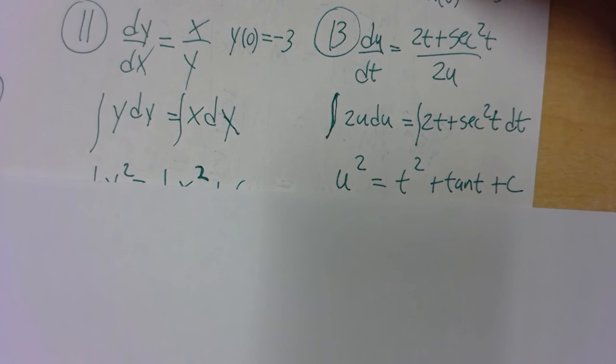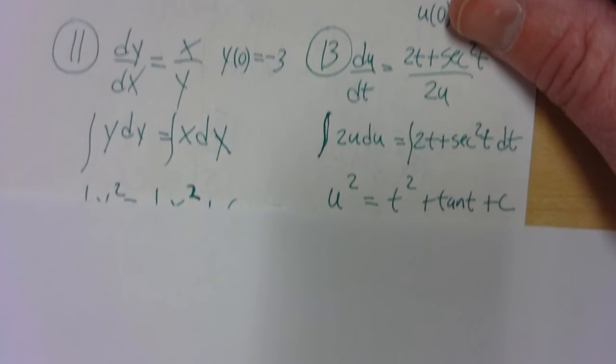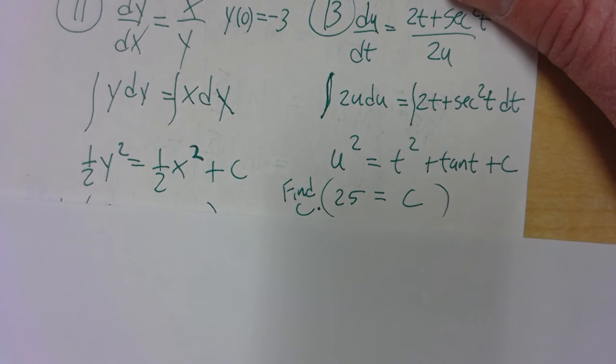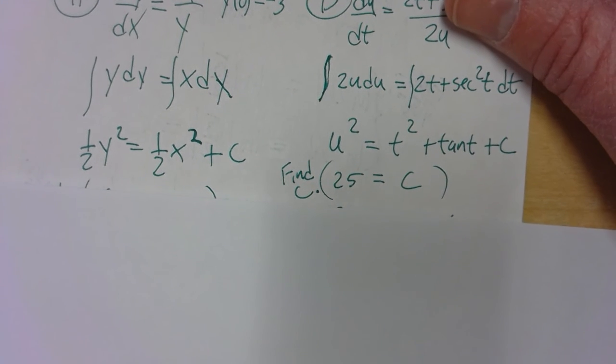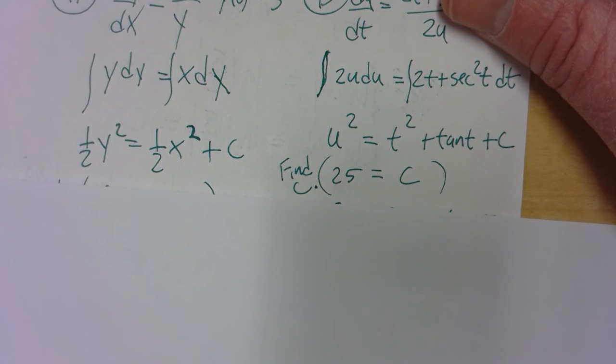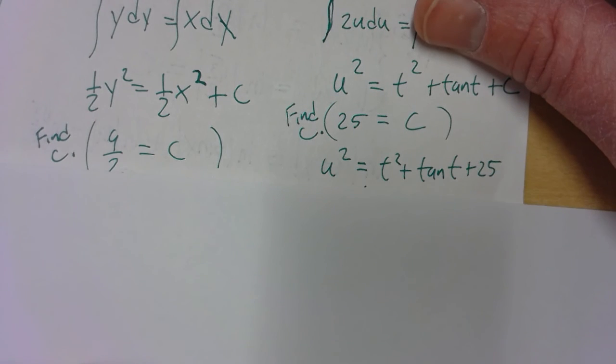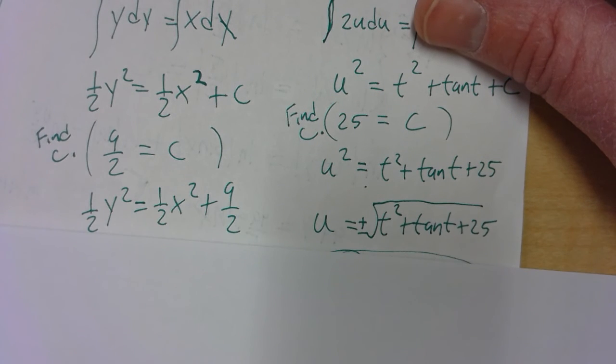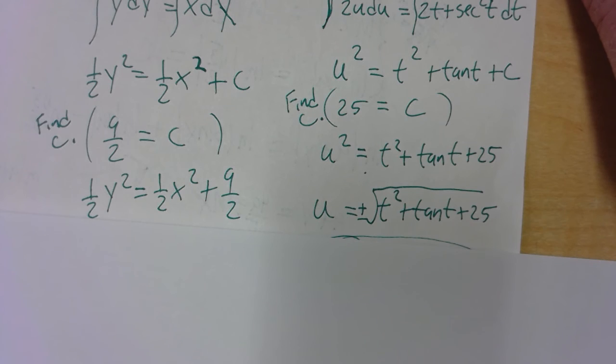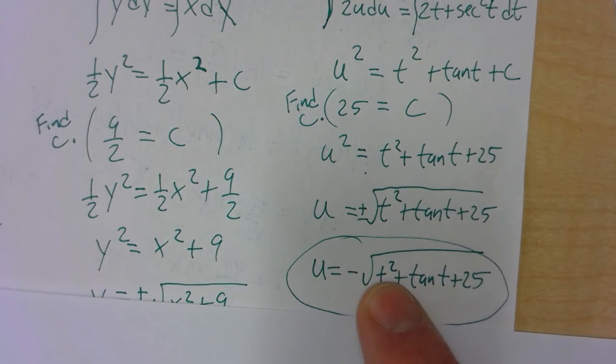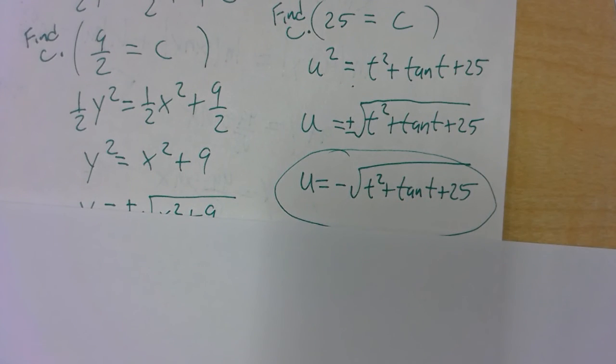Put the number in, 0, -5 was the initial condition. And then that gives you 25. Put it back in, take the square root, get the plus or minus, then you put the initial condition back in. And it has to be the negative one again, because notice the negative 5 is coming out of the square root, so it has to be the negative version.